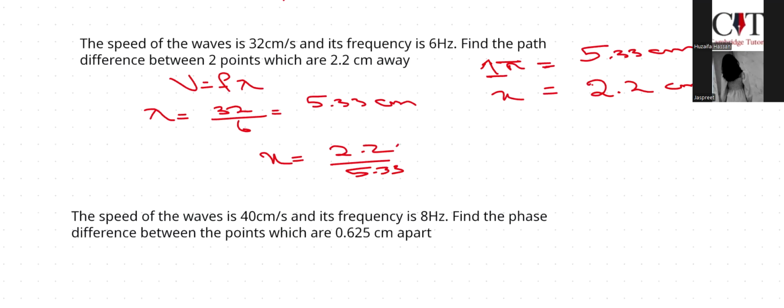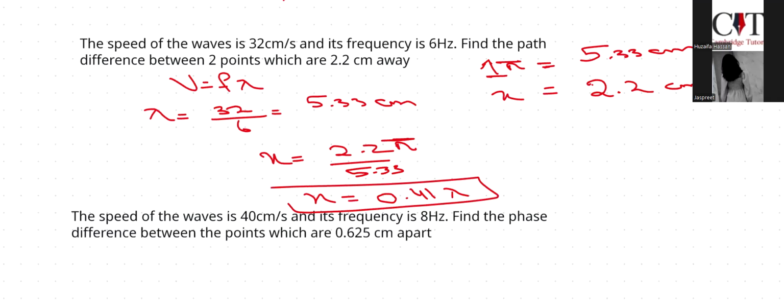Don't forget to write lambda because we have to find the answer in terms of lambda. So the x would be 0.41 lambda. Is this question clear? Yes, sir. So the question can come without the graph also. Now read another question.